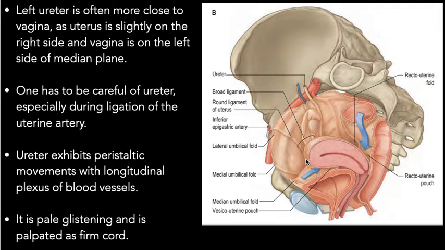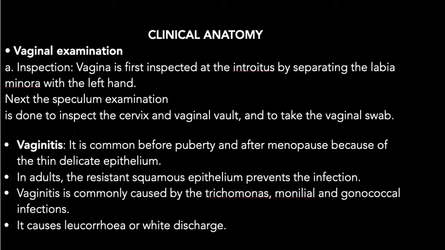The ureter exhibits peristaltic movements with longitudinal plexuses of blood vessels, and it is pale, glistening and is palpable as a firm cord.